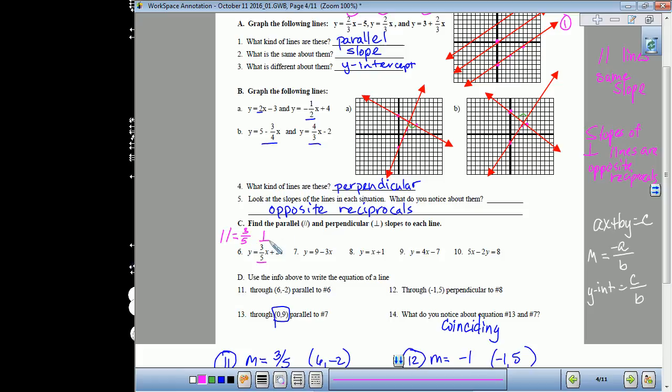And a perpendicular line would have a slope of negative 5/3. Okay, number 7. The slope of this line is -3. So a parallel line slope would also be -3. The slope of a perpendicular line, though, would be +1/3.